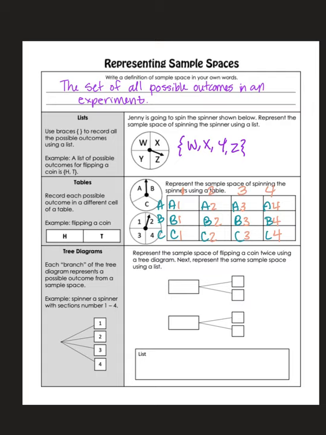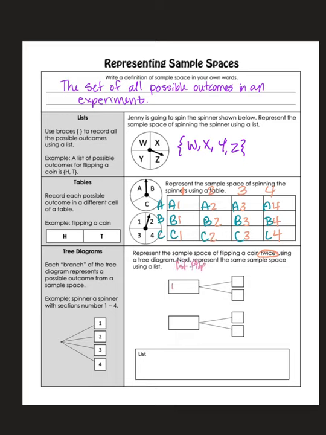Now, one of the big ones that you're going to see is a tree diagram. A tree diagram kind of branches out. So if we look at this, it says represent the sample space of flipping a coin twice using a tree diagram. And then we'll list it. So knowing that we're going to do it twice, this right here is going to represent my first flip.